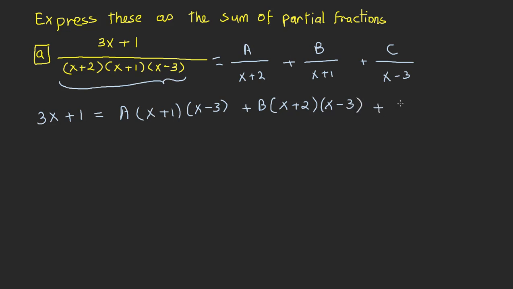And the same for c: x minus 3 cancels out with x minus 3, so c will have x plus 2 and x plus 1. Alright.